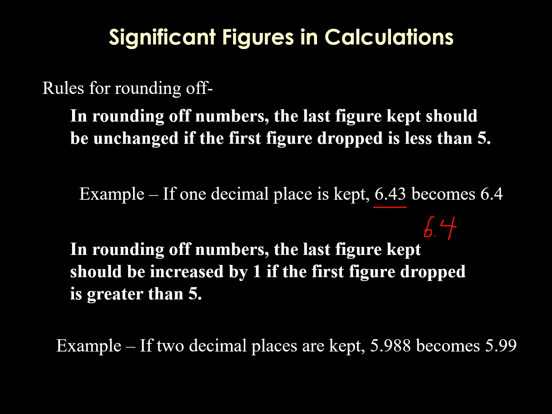Conversely, if there's something 5 or greater, you would round up. So in this case, if it was to 2 decimal places, 5.98, would that stay as an 8, or would you round up to 9? You round up to 9 because this value here is 5 or greater. So the answer would be 5.99.